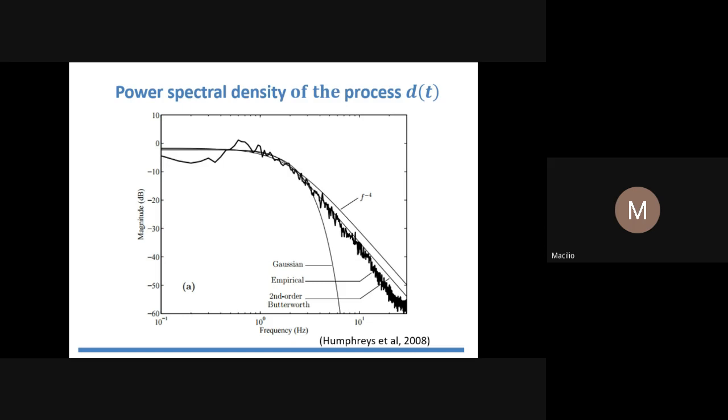This irregular curve is the empirical data. And we also compare with Gaussian. If we use a Gaussian correlation, we have this, but we saw that the model agrees very well with the empirical data also in terms of power spectral density.